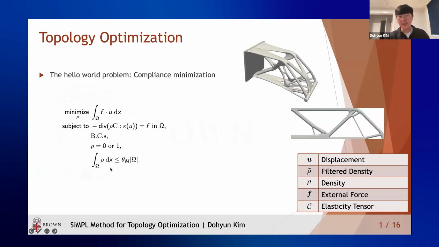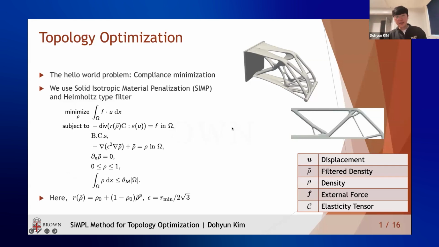We have an additional constraint on the density field, a volume constraint, so it does not exceed a certain percentage of the given domain. We also have a PDE constraint here, so we need to solve the elasticity equation in every iteration of the topology optimization.